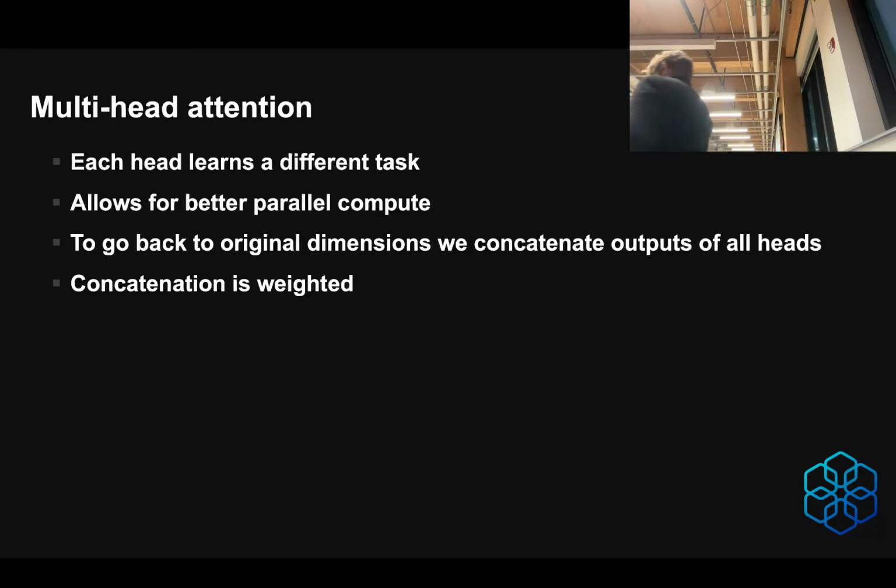So what about multi-head attention? Remember how we have our input that is the amount of words that we have in the input, and then the amount of dimensions of the embedding vector. Instead of putting that entire thing into one head of attention and then calculating it, which can be slow, we have multiple heads.